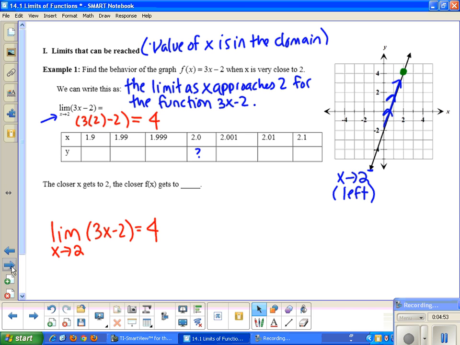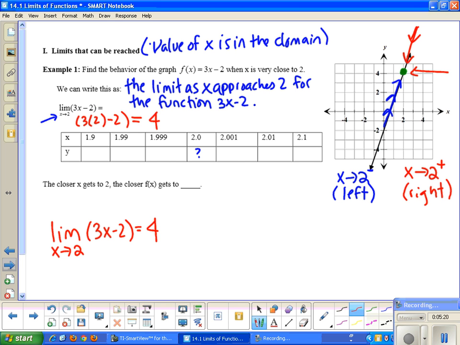Then values that approach from the right are on this side of the graph. This would be as x approaches 2 when we use a plus sign to stand for the right. So as x approaches 2 from the right, what are our y values coming closer and closer to? Notice that my value of 2 from the right, as we're going this way, we get values that are very close.